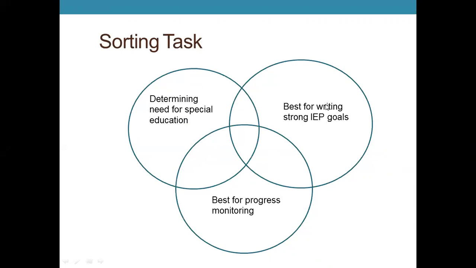Because they are so targeted onto specific skills, they can be really helpful for writing IEP goals. They can give us a very clear baseline, whereas the WJ or the Wyatt will tell us whether the student is above average, average, or below average. CBMs can give us a much more targeted baseline, like they're able to read 67 words per minute on a grade level reading passage. So that gives us some really specific information.